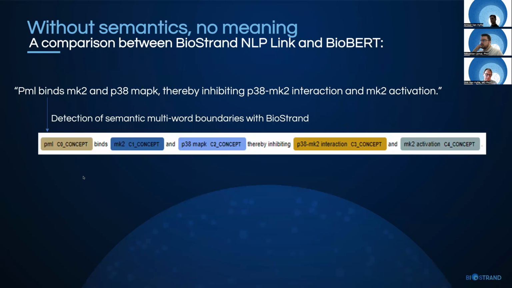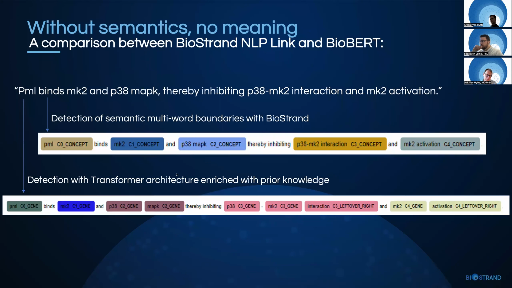As you see, we are able to find these concept-relation-concept patterns. For instance, PML binds is the relation, MK2 is a second concept, and so on. But also at the end of the sentence, you see P38 MK2 interaction, that is the full concept. So again, we are able to define the semantic word boundaries.